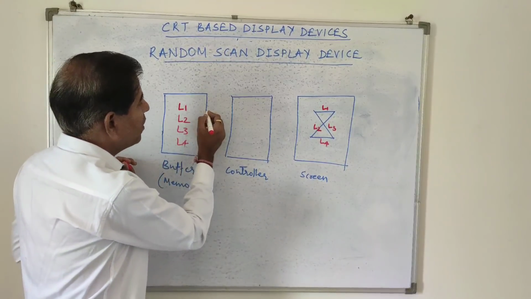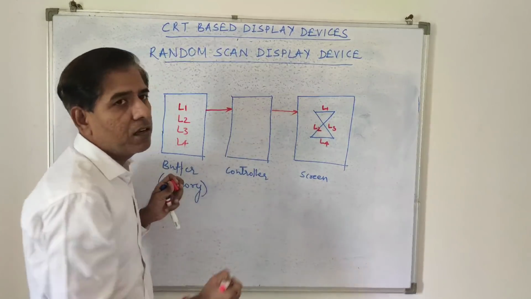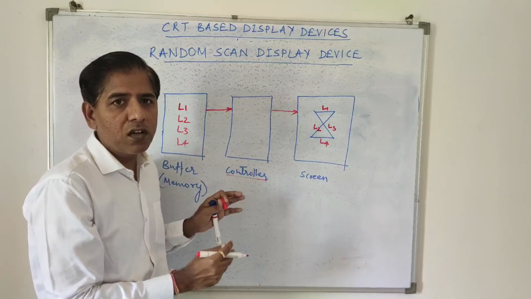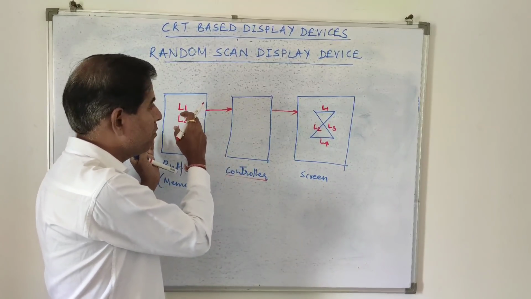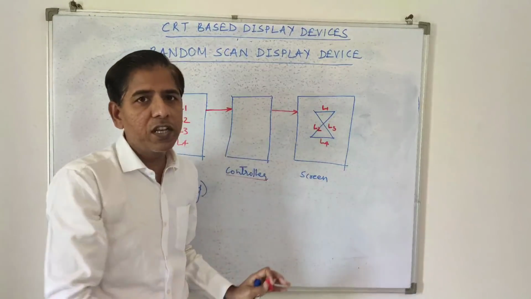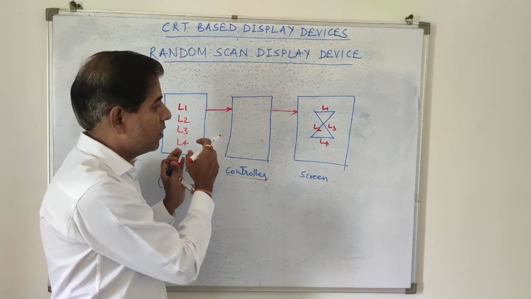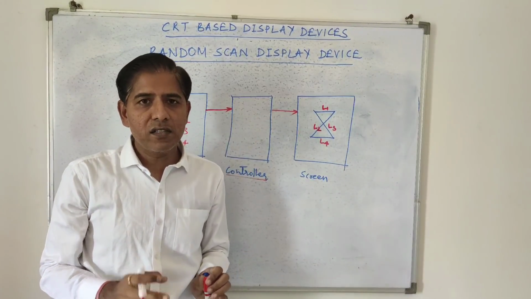and the information is constantly transferred to the screen by using this controller. The function of the controller is to transfer the information from the buffer to the screen, and this would take around 60 cycles in a second.